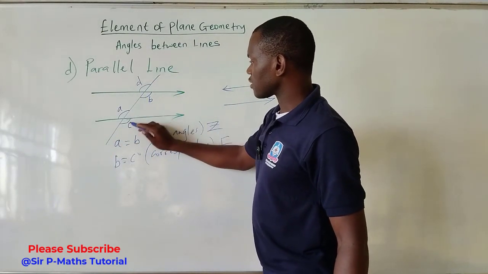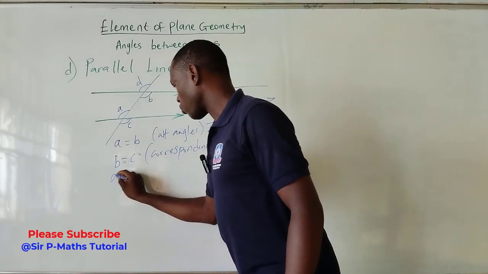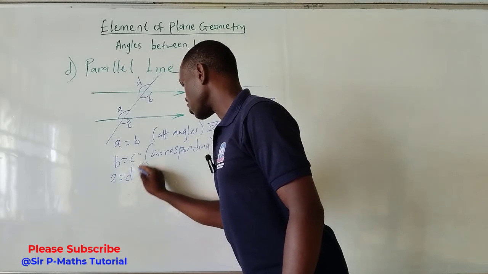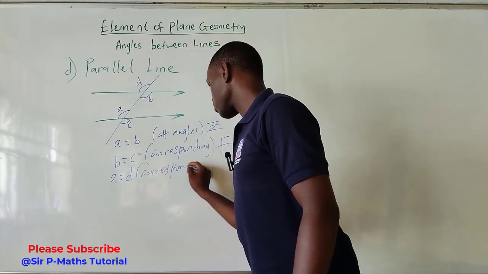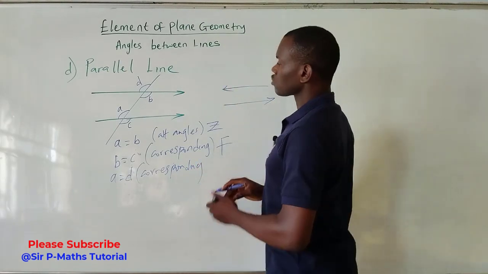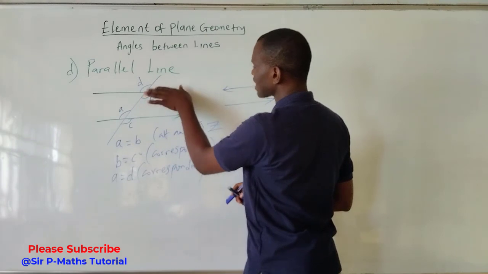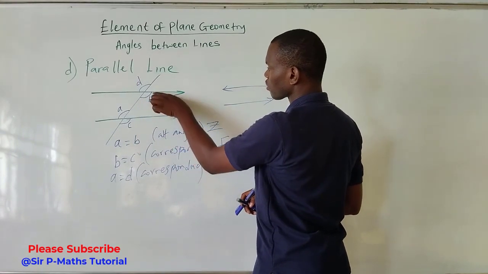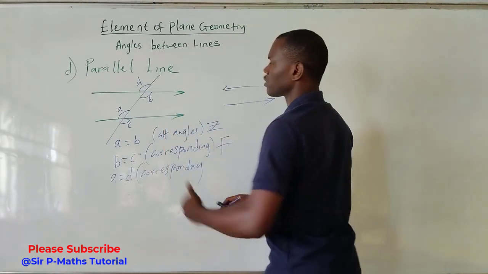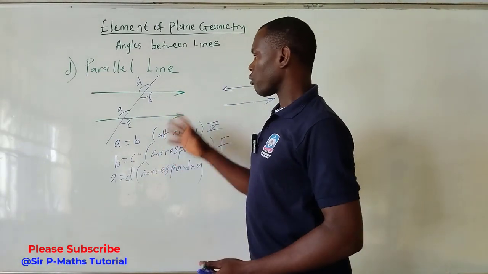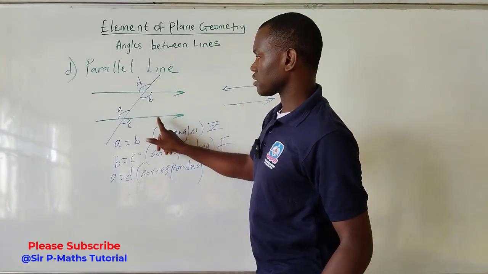So as B and C are equal, D and A are also equal. And it is also corresponding. All right. So for corresponding angles, they must be formed on the same side of the parallel line, under, and the same face of the transversal. But for the alternate, both of them are inside and on alternate sides.